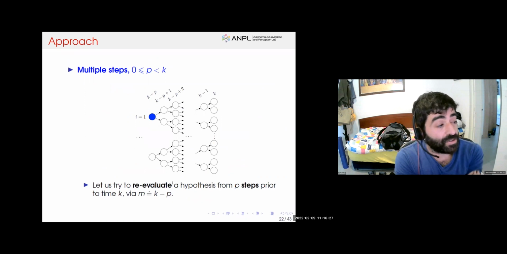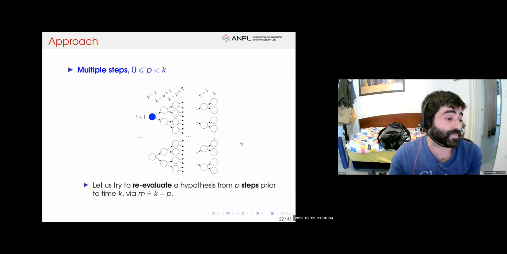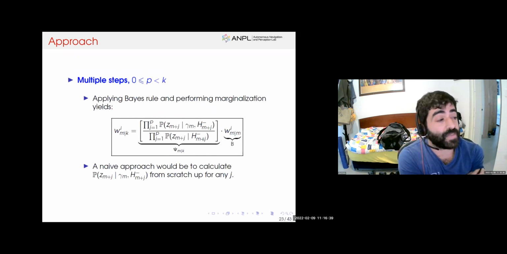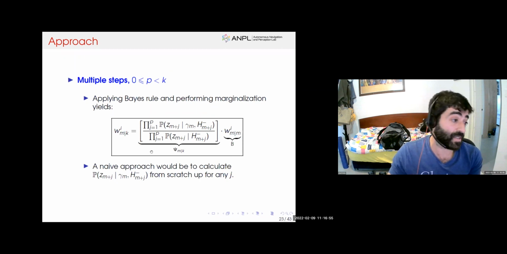Now let's try to take this solution to a more generic form. Let's try to select it for any valid value of P, for any valid P steps. So again, by extracting the current measurement and applying Bayes rule in a serial fashion, we again retrieve the original weight which we want to evaluate, multiplied by psi of mk, which is again the update factor, and which we see in the denominator is actually a multiplication of many arguments.